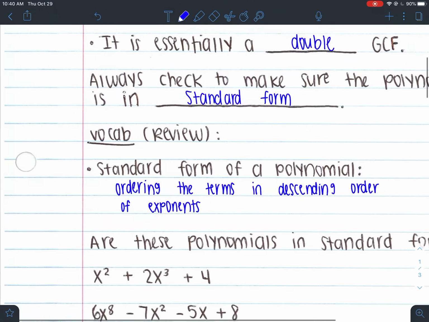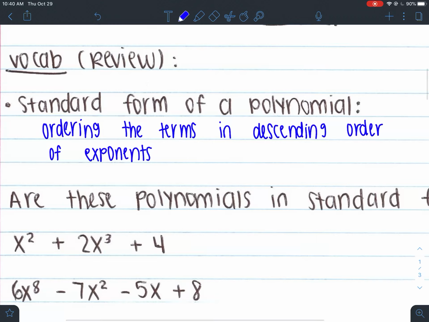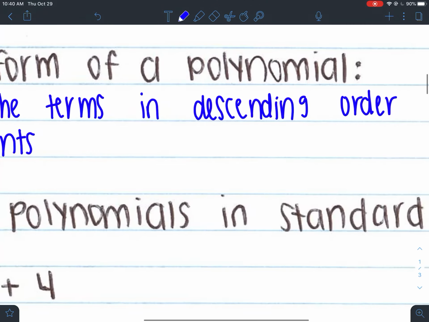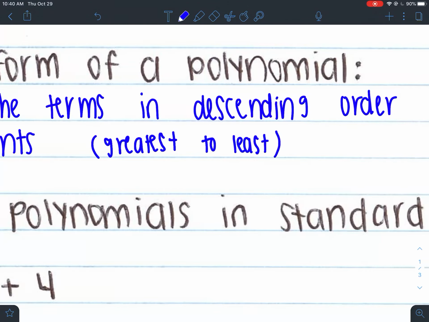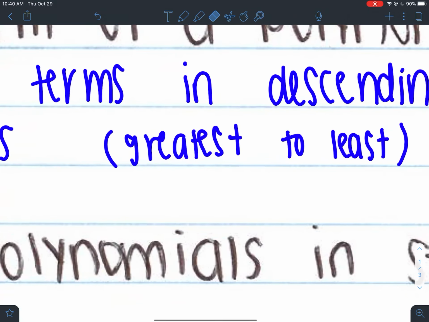Okay, so ordering the terms in descending order of exponents. So if I have a list of terms, putting it into standard form will be starting with the greatest exponent and then going down because you're descending, so you're getting lower. So this will be from greatest to least.